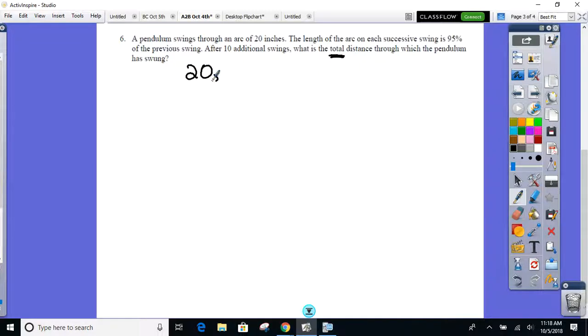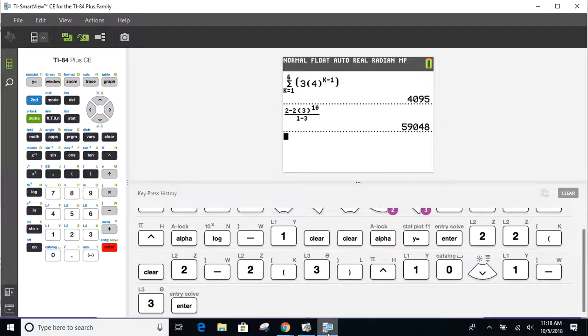How can you guys find the next term for me? It's 95% of the previous. What's 95% of 20? That's going to be your second term, right? So that'll be 20 times, what should I be multiplying 20 by? 0.95.